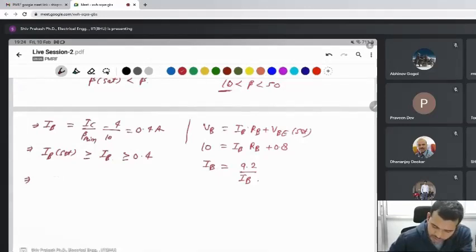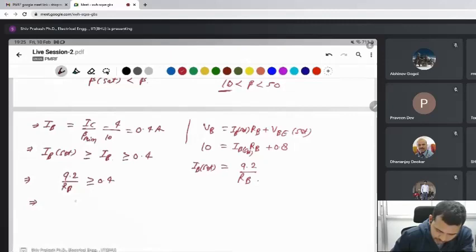Since all of these are saturated values, the IB saturation current should be greater than the required IB current. So 9.2 divided by RB should be greater than 0.4. RB should be less than or equal to 9.2 divided by 0.4, which is approximately 23 ohm.